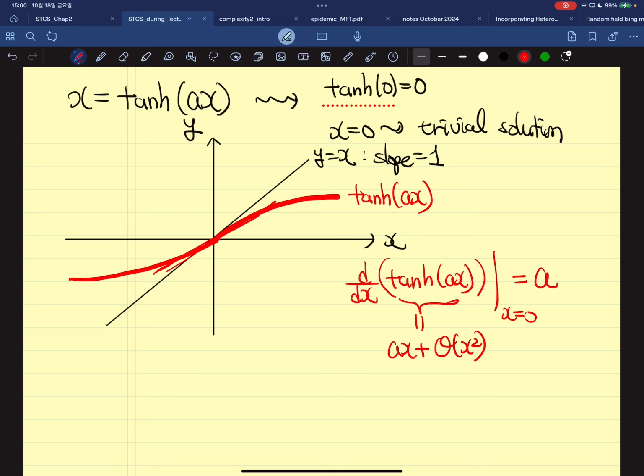So the lowest term of the Taylor series expansion of hyperbolic tangent is just a linear term, so I can do that. Partly because I don't remember this explicit form.